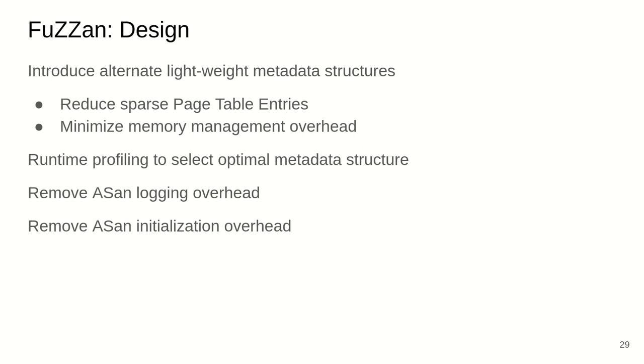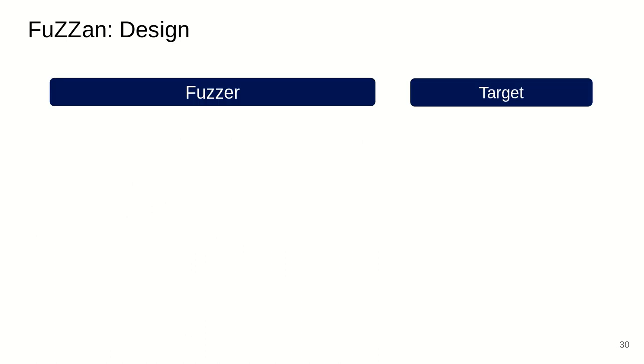What we want to introduce is a lightweight alternative with different kinds of metadata structures to reduce the sparse page table entries and to minimize the memory management overhead. Then we do some runtime profiling to select the optimal data structure and remove the logging overhead and initialization overhead. So our design is as follows. We have a fuzzer and a target.